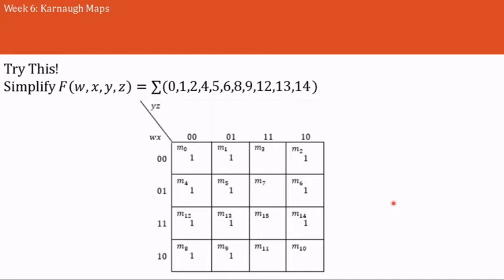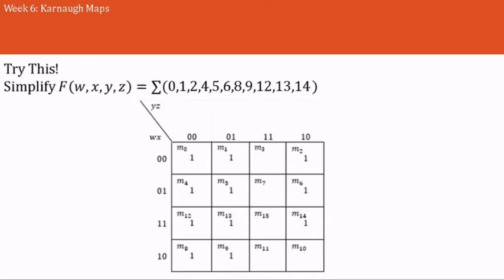So after we have plotted our minterms, now let's group them. Again, our priority would be the group of 16, since we are grouping in powers of 2. If there is no group of 16, the next priority will be group of 8, followed by group of 4, followed by group of 2, and then a single square.